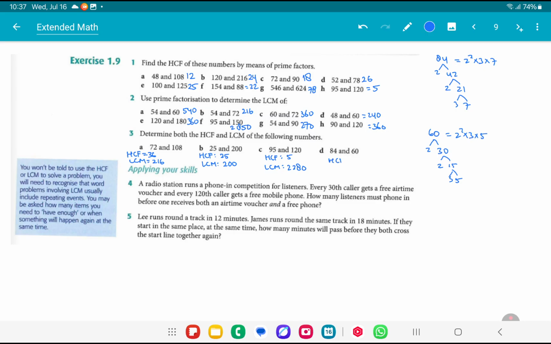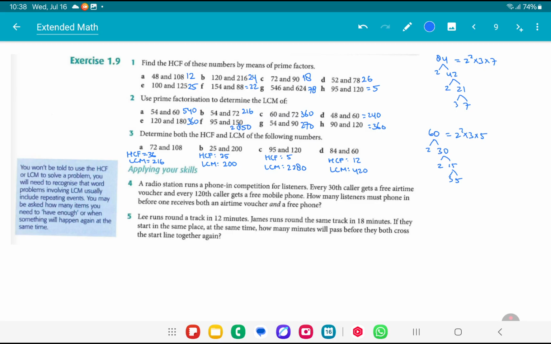For the highest common factor, we only get 2 squared times 3, so we get 12. And the least common multiple, we got 4 times 3 times 5 and then times 7. So the answer is 420.